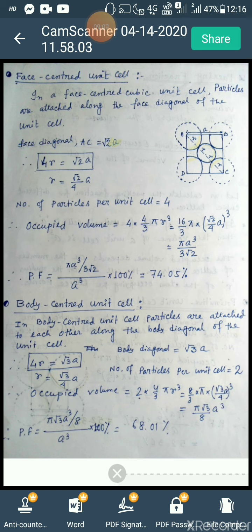It is one face of a face-centered cubic unit cell. Here it is shown that the particles are attached along the face diagonal, that is AC. AC is the face diagonal.